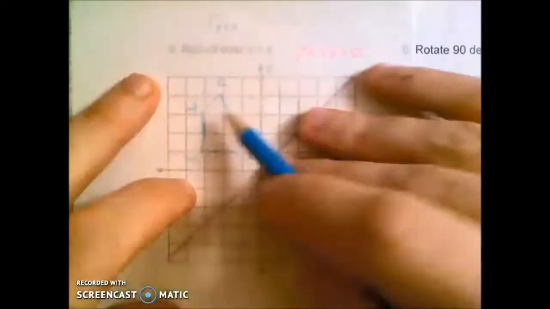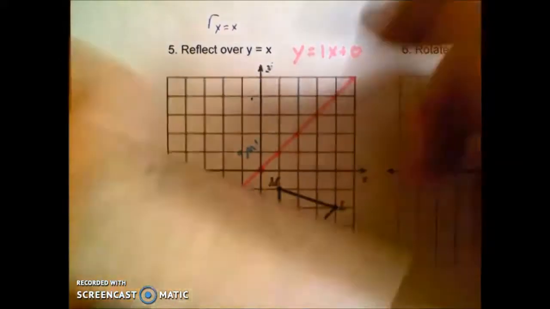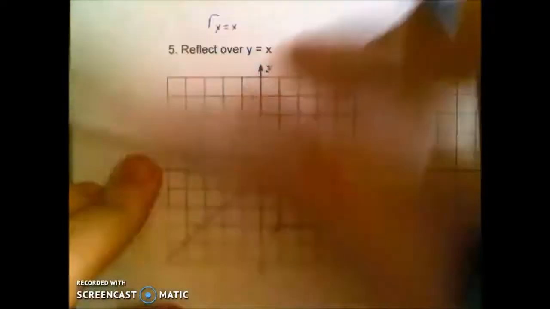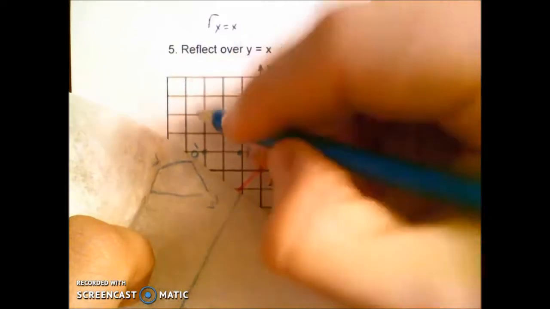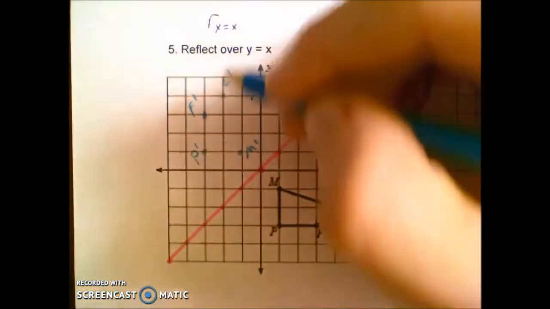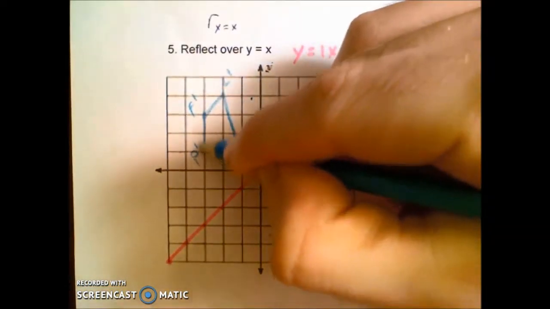And look at that. Here's my image. Transferring that down. Okay, M prime, P prime, let's see, F prime right here, and L prime. Connecting those reveals my image.